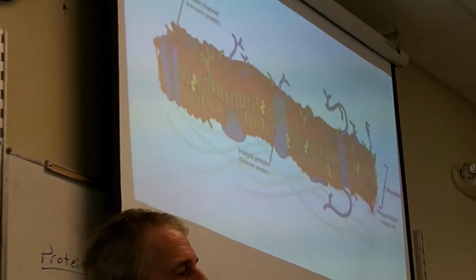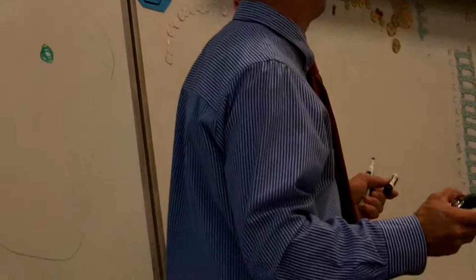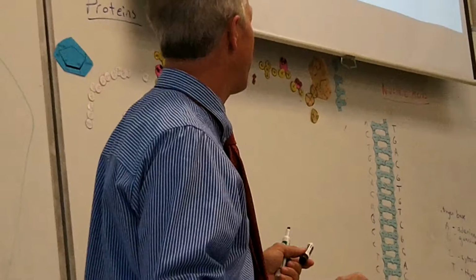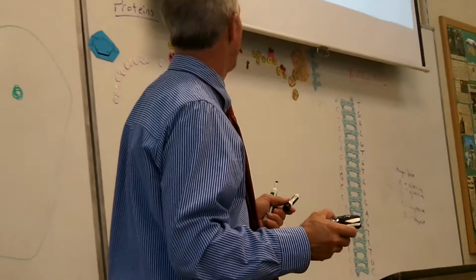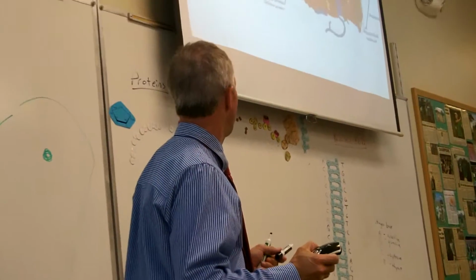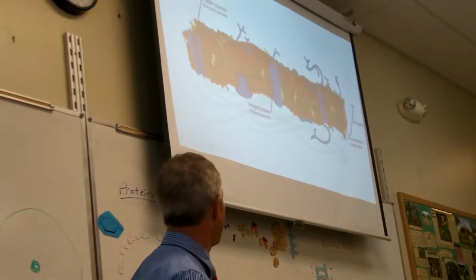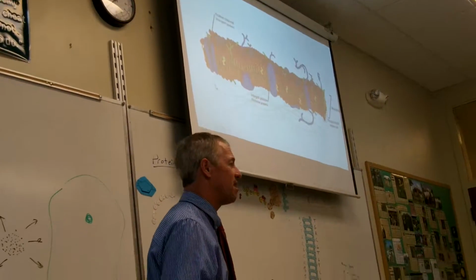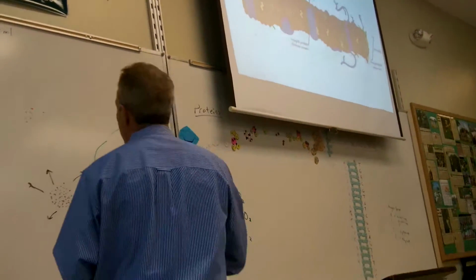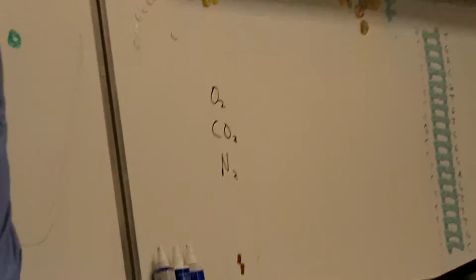If it's a big molecule, it can't just diffuse into the cell through the membrane. It would have to go through a protein channel, like that channel there. If the molecule has to go through a protein channel to get in the cell, it's called facilitated diffusion.